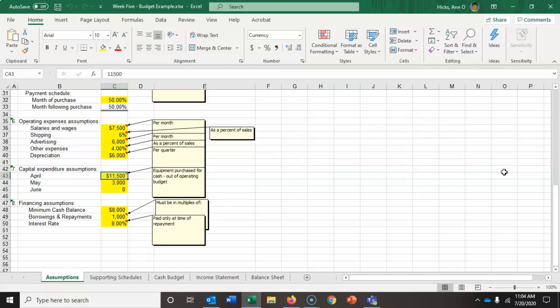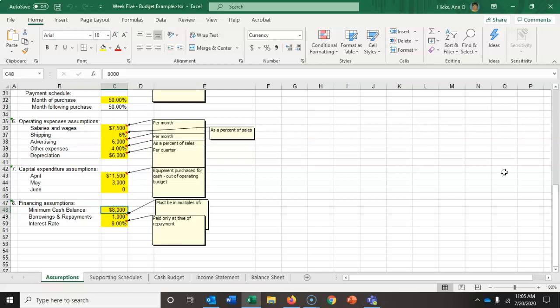Now, what I'm assuming here is that we have some small capital expenditures, some small equipment purchases that we're going to need, and we are going to purchase them out of the operating budget. So they're not so large that we need to create a separate capital budget for them. And so we're going to assume equipment purchased in April of $11,500, equipment purchased in May of $3,000, and then June, nothing.